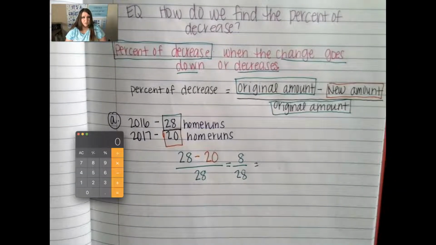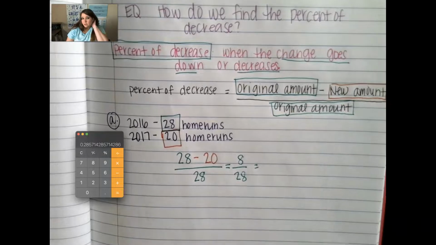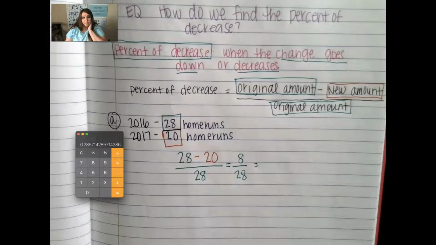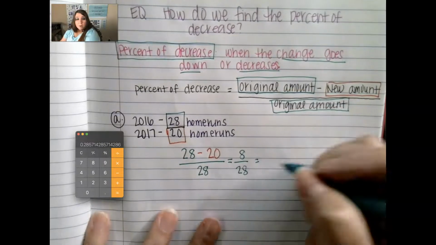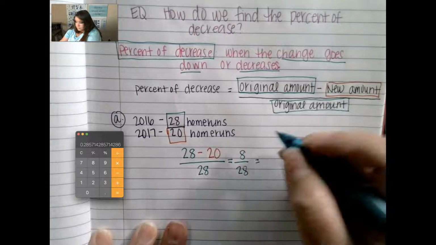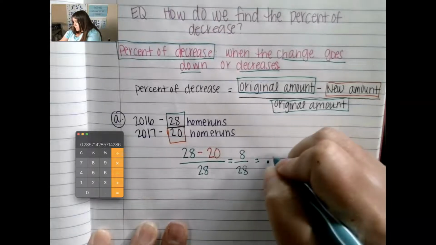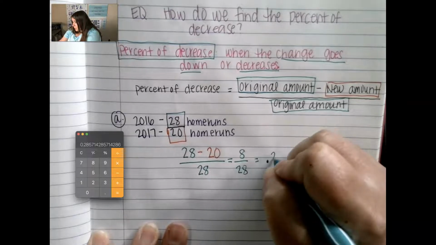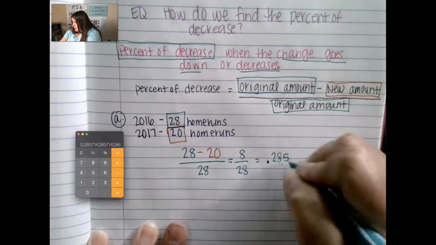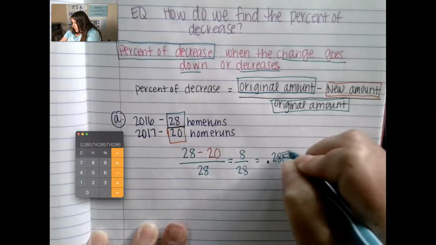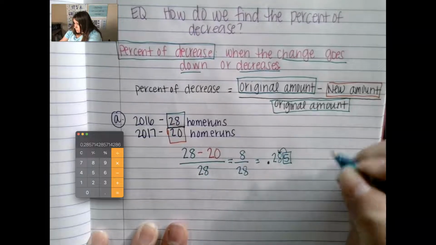Let's use our calculator here: 8 divided by 28 gives us an answer of 0.285 and so on. Well, let's talk about rounding here. We don't want all of this information, so we're going to take the first three numbers, 0.285, and we're going to use the 5 to round.